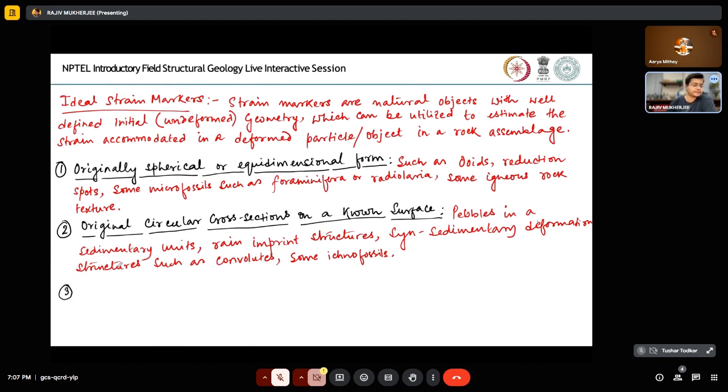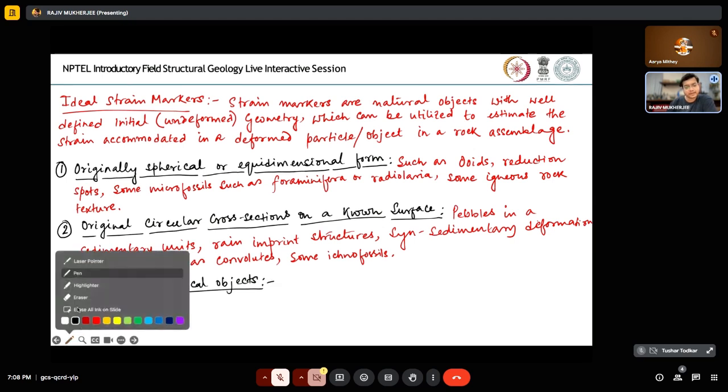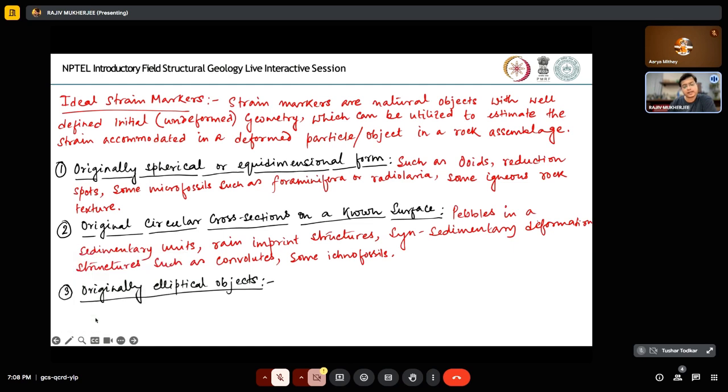Third one is originally elliptical object. So pebbles from sedimentary units and especially conglomerates are originally elliptical in form. So they can serve as ideal strain markers for initially elliptical objects. Right?